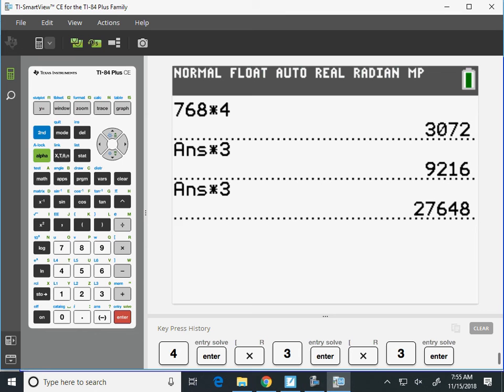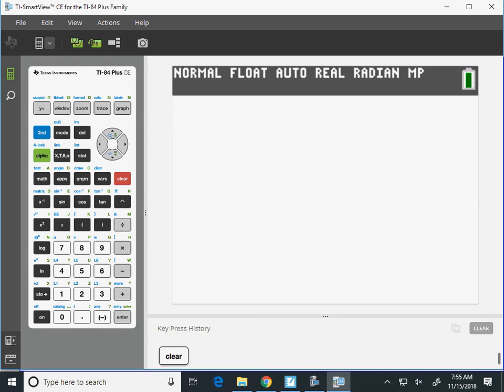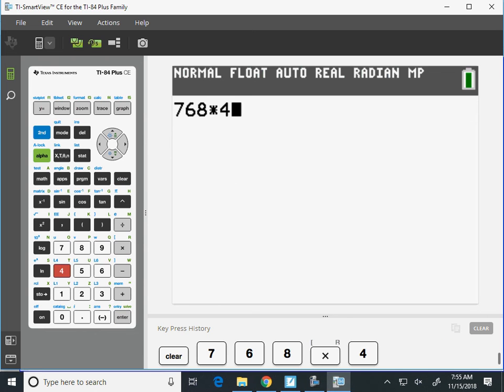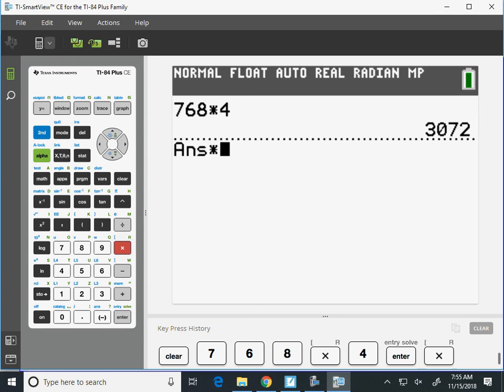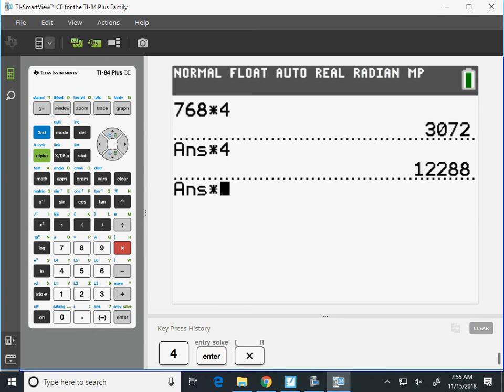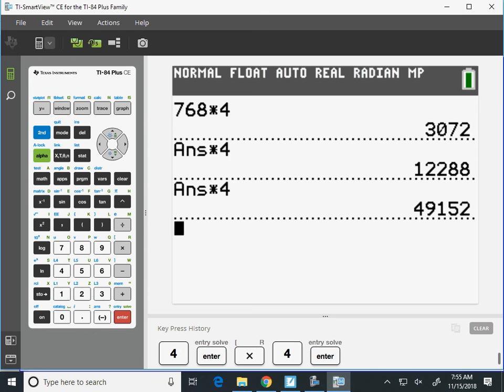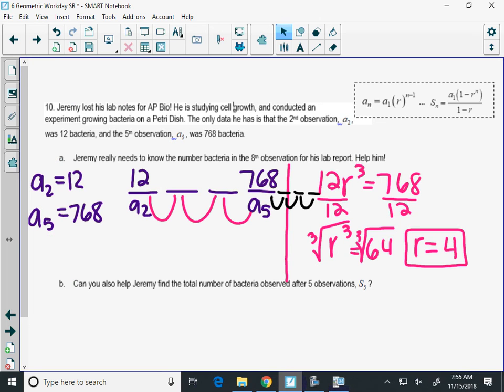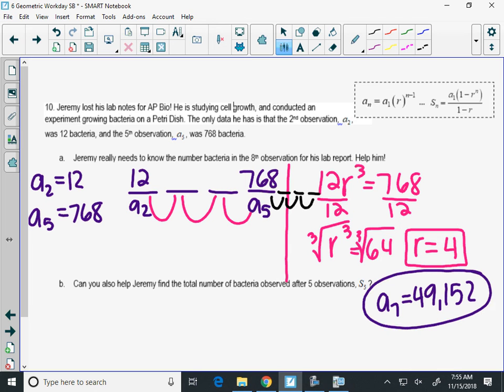This gives me A sub 8. That doesn't seem like the right thing. Hold on, oh, because I multiplied by 3. All right, let's start over. 768 times 4, that's the 6th term. That's the 7th term, and this would be the 8th term. So if you want to do it that way, the number of bacteria cells for the 7th term is 49,152. That's totally fine to do it that way.